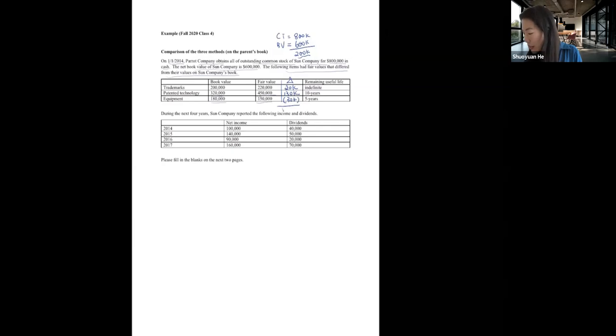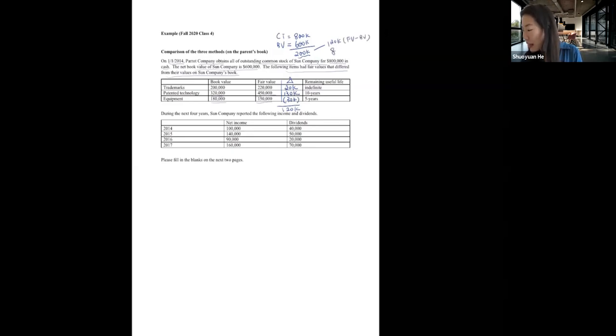So how much is the total difference? Yeah, so the total difference here is 20 plus 130 minus 30. So that is 120,000. So out of this 200,000 overpayment, so the parent overpaid above its book value, 120,000 can be identified as the difference between fair and book value.